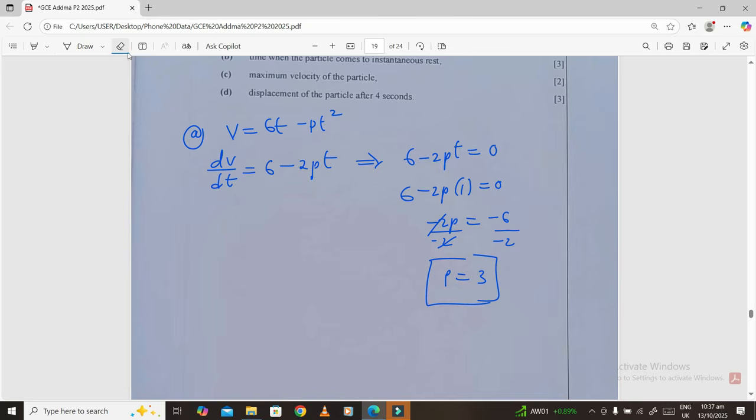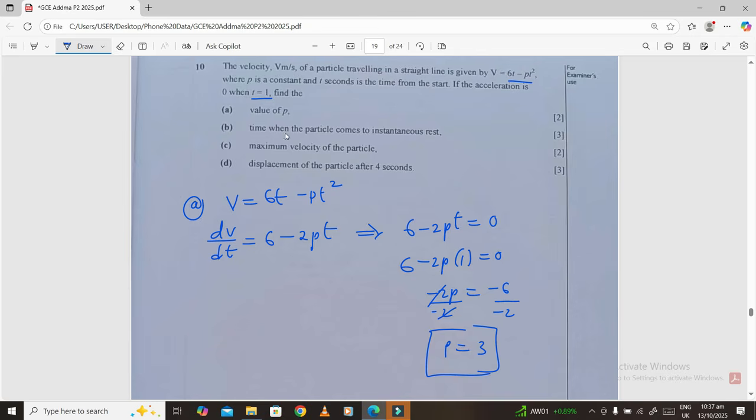Alright, so for question B, they're saying find the time when the particle comes to instantaneous rest. So we're going to get the given equation, that is v is equal to 6t minus pt squared. Where there is p, we substitute the value of p, which is 3, and then we say 6t minus 3t squared equal to 0. We solve for t.